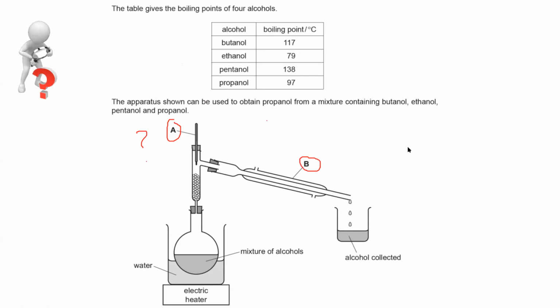A is thermometer, that's right, and B is condenser. It is also called a Liebig condenser. You can write condenser or you can also say Liebig condenser. Both are acceptable. Even if you write condenser, that is also correct.